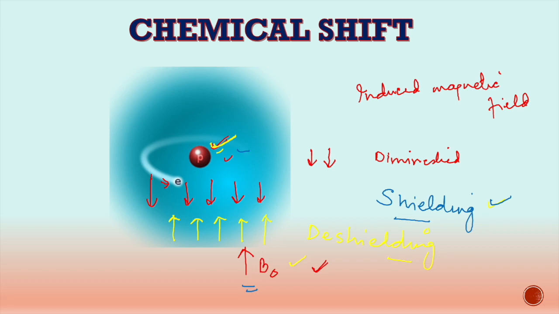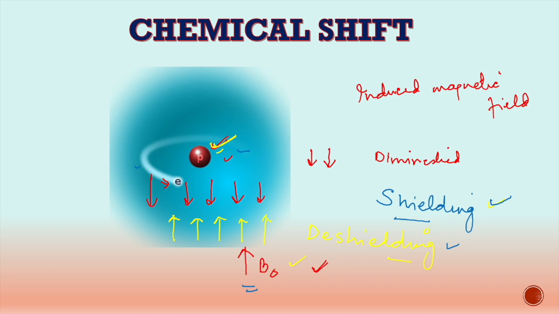Now, my proton should experience a particular amount of magnetic field, but just because of this circulating electron, I am not able to give that amount of magnetic field to the proton. Why? Because it is being shielded. So in that case, this proton will now require a higher applied field. Whereas on the contrary, in the case of de-shielding, it will be lower.